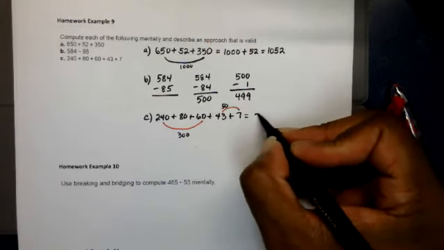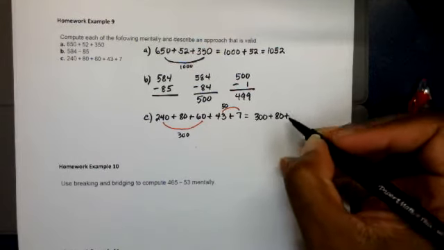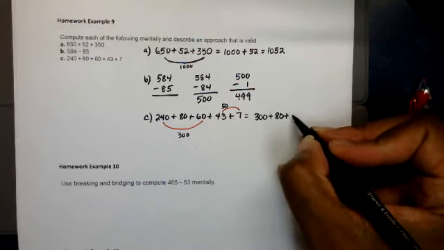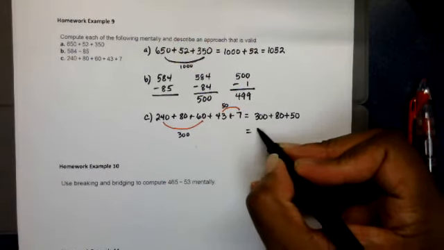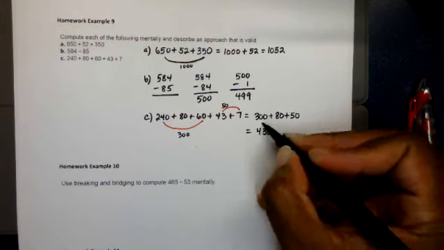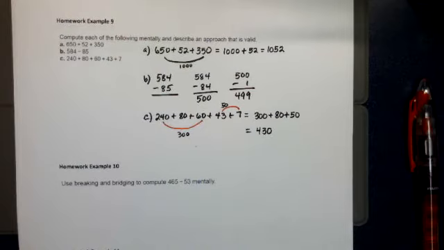So that means I will have 300 plus 80 plus 50. 300 plus 80 is 380, plus the 50 will be 430. So this is how we can use mental mathematics to add and subtract whole numbers.